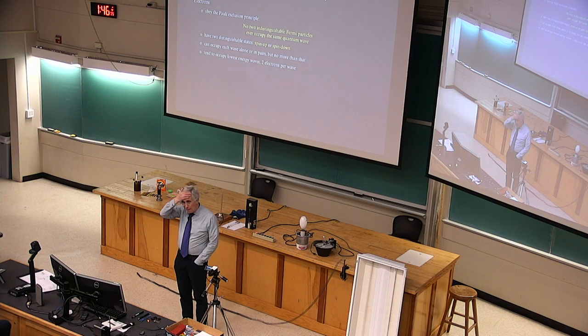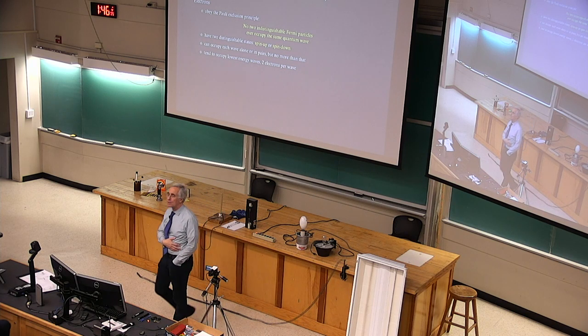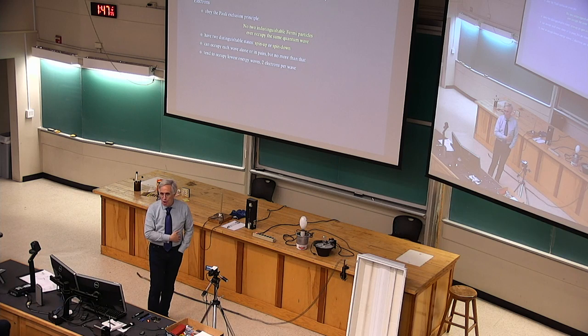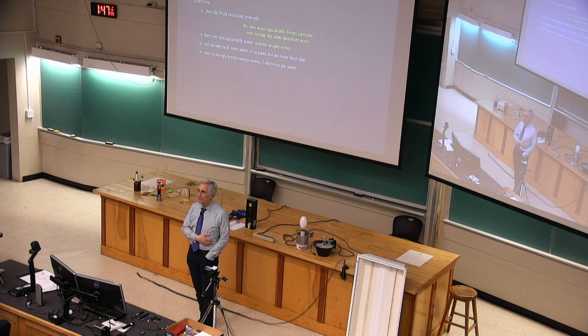So they would all pile in there, but there's another observed rule in nature, and that is that particles of the type that electrons belong to, a class known as Fermi particles, have to follow a rule known as the Pauli exclusion principle. And the Pauli exclusion principle observes that no two indistinguishable Fermi particles ever occupy the same quantum wave.